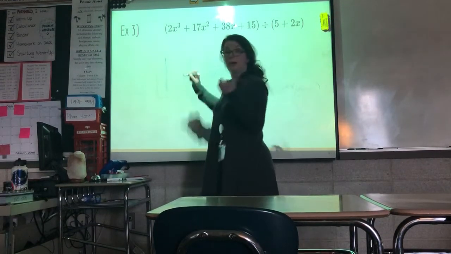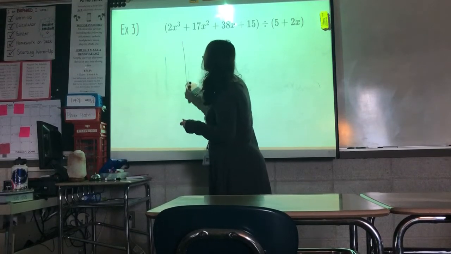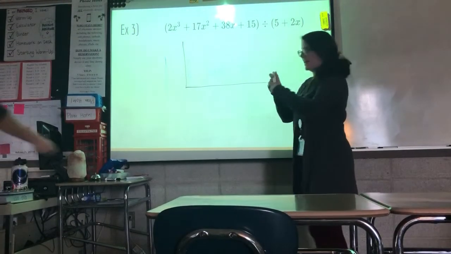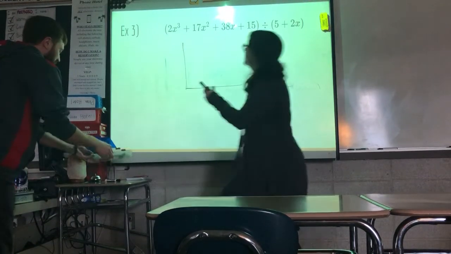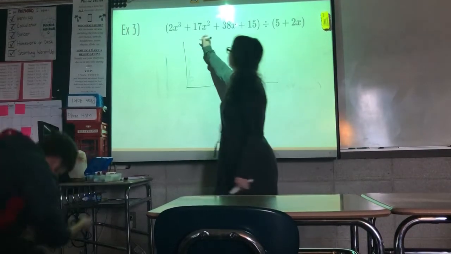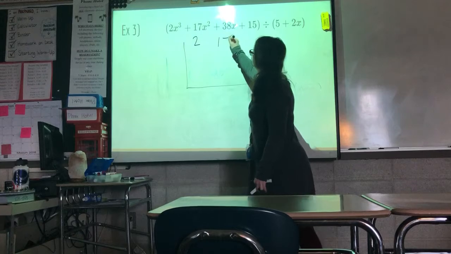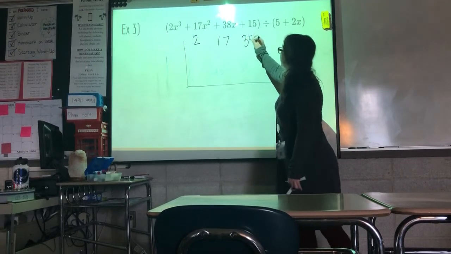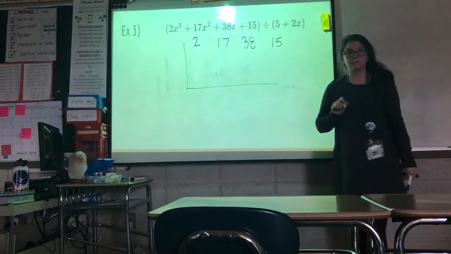Or actually, if not, pause it. Use markers. All right, we have our L. We are going to write my coefficients up at the top: my x to the third term, my x squared term, my x term, and my constant term.